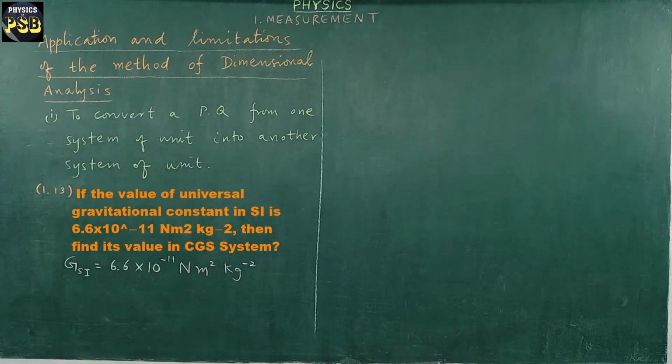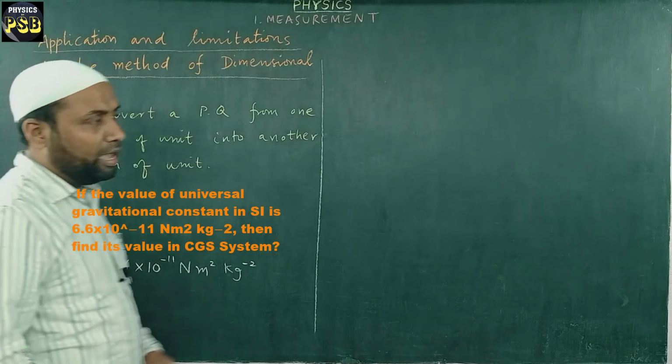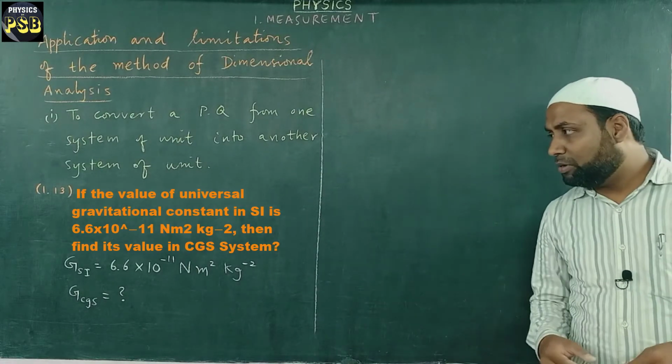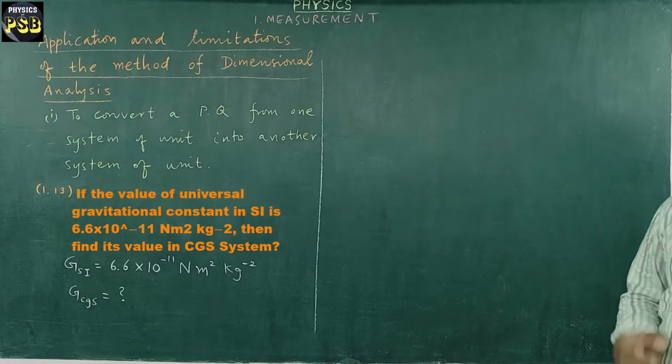This is the value of G in the SI system. I am going to find out the G value in the CGS system. Let's do that. Now, before going ahead, let's find out the dimension of G.